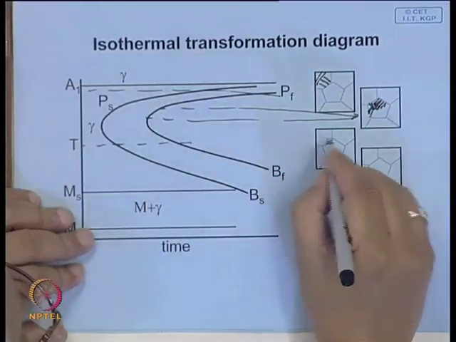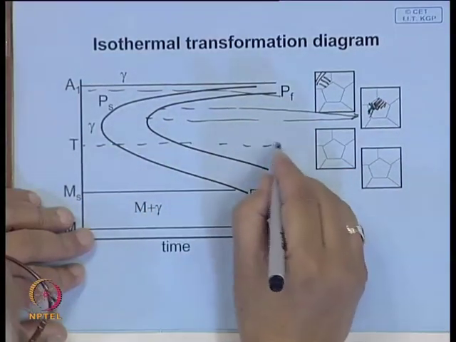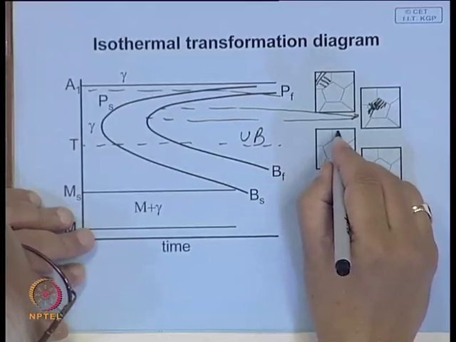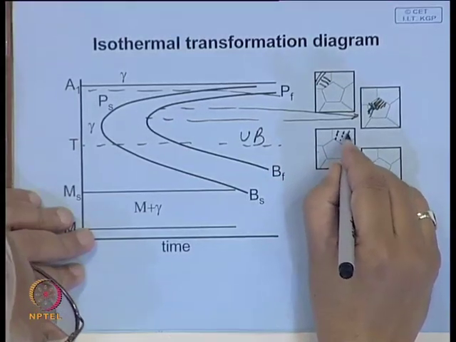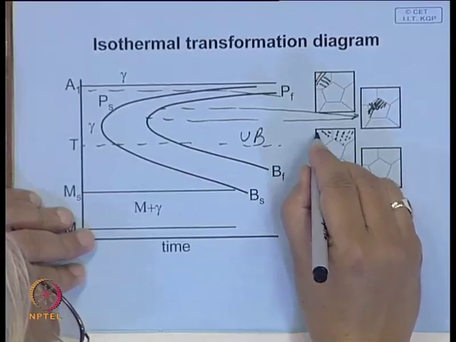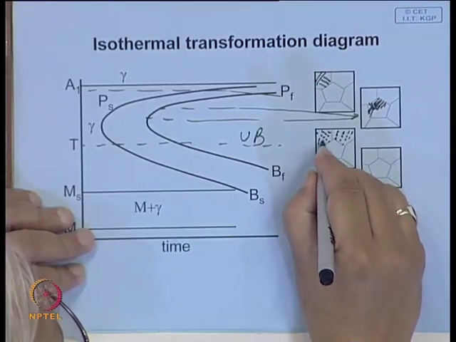Similarly, in this bainitic region, if it is upper bainite, which is feathery, you have broken cementite platelets.